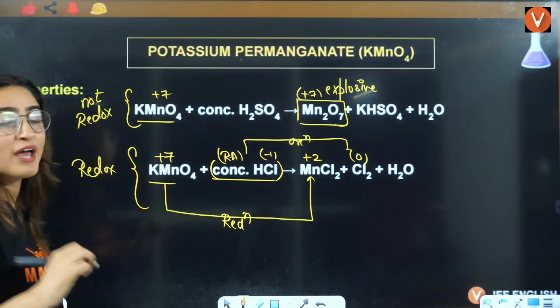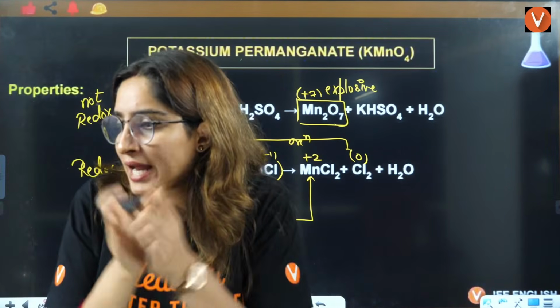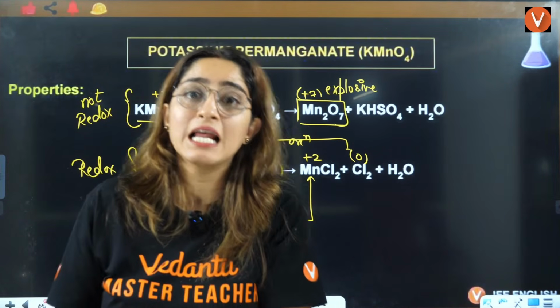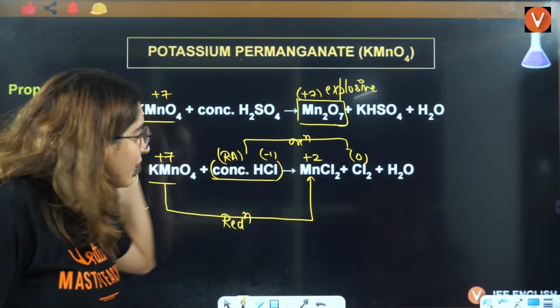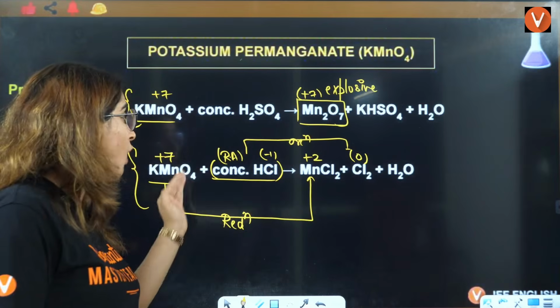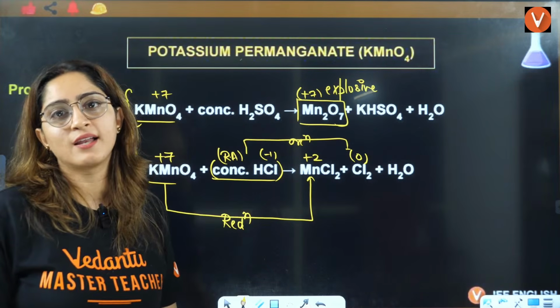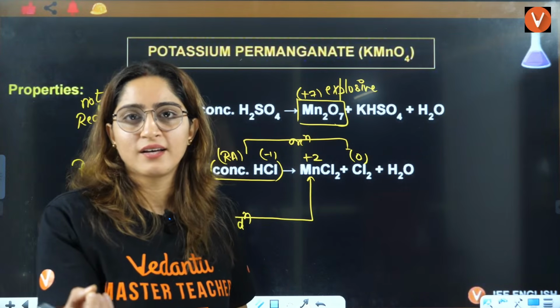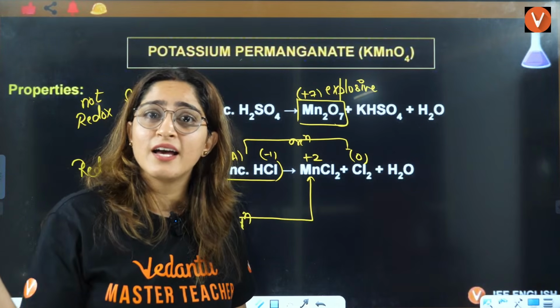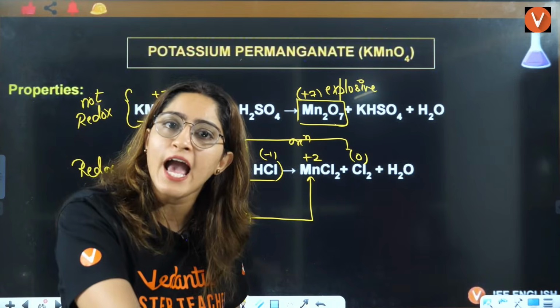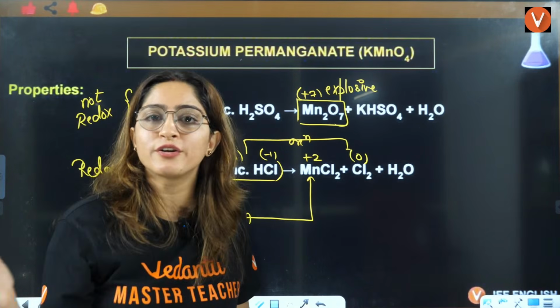So when you put KMnO₄ in the presence of concentrated HCl, it will undergo redox reactions. It itself will get reduced, and it will oxidize concentrated HCl. That is the reason we don't use concentrated HCl, because that will get wasted. KMnO₄ is going to react and waste concentrated HCl.